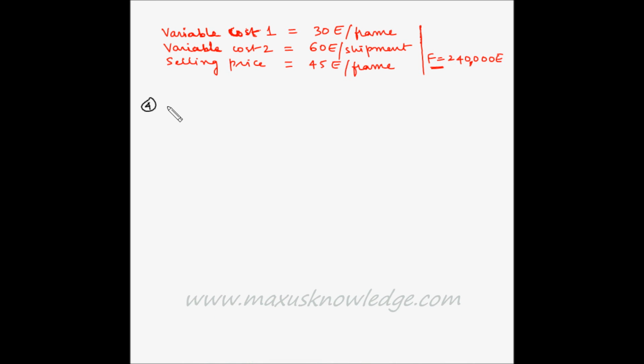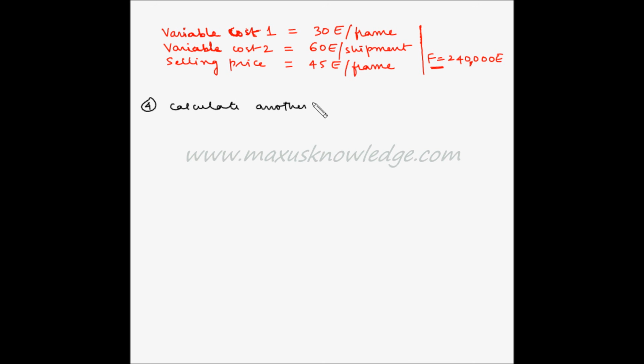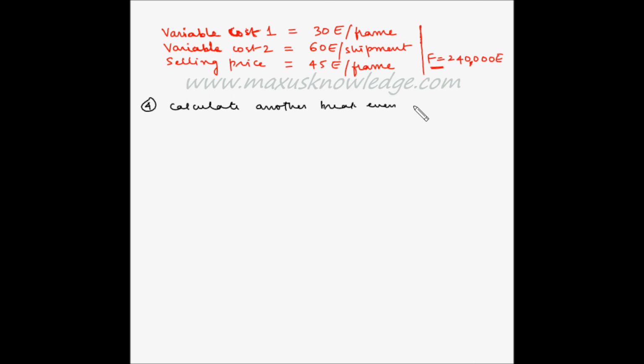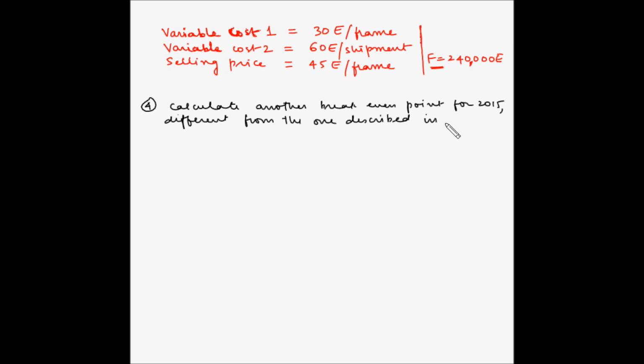So the fourth part is calculate another break-even point for 2015 different from the one described in requirement 3, and explain why Indu has multiple break-even points.